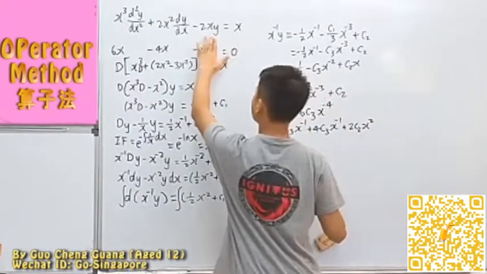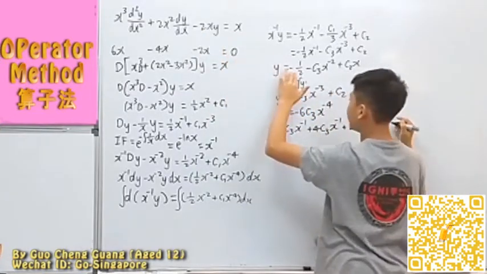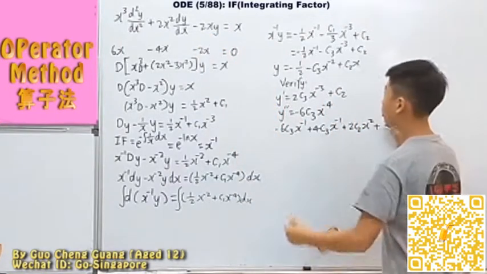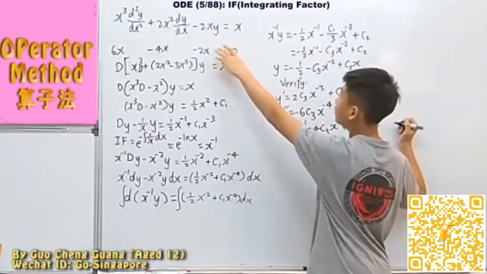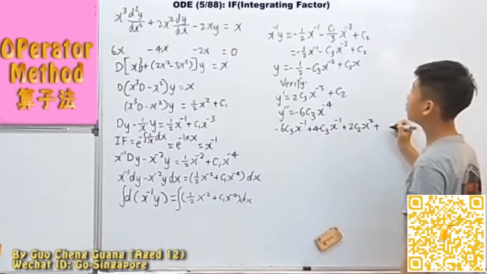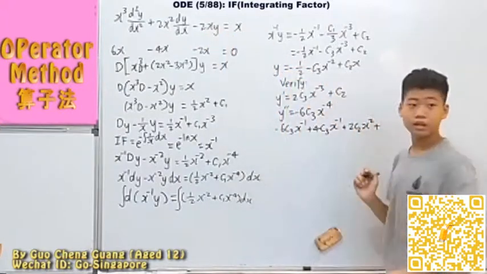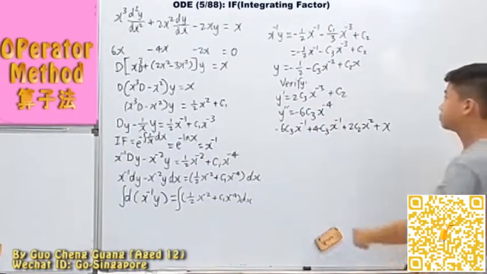Then y, well y, you have to be aware of this part already. Negative and a negative, so it's still positive, half and a 2 gives you a 1. Then x, power of negative 1, and x, wait no, it is this part. So here is x, and this constant here, that means you'll get an x.